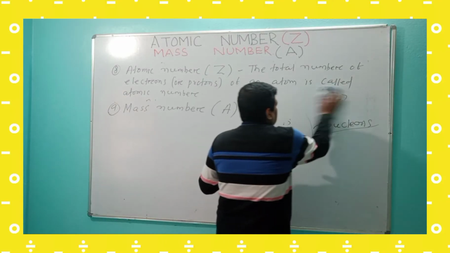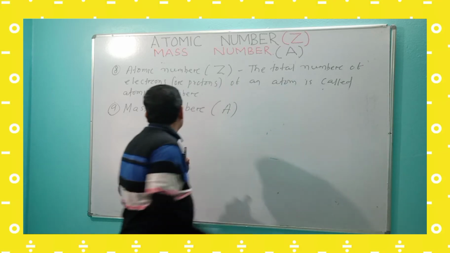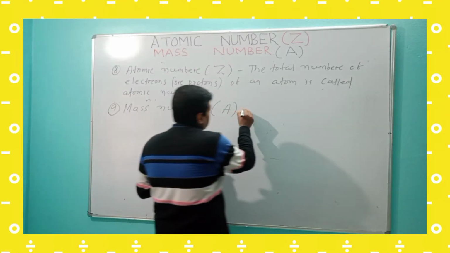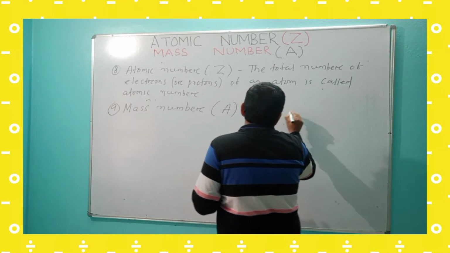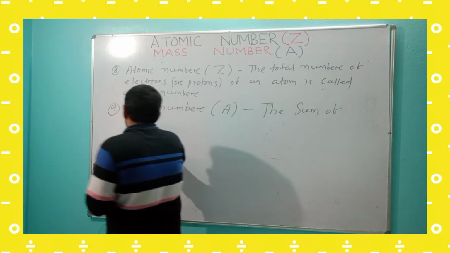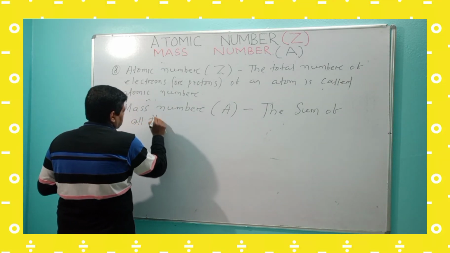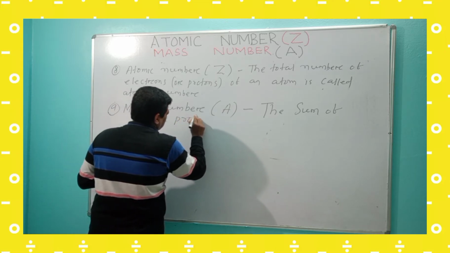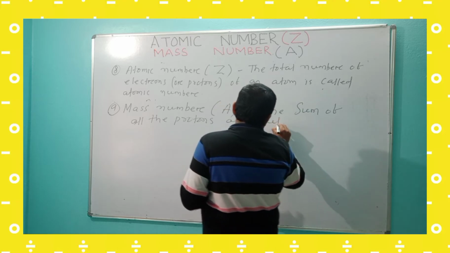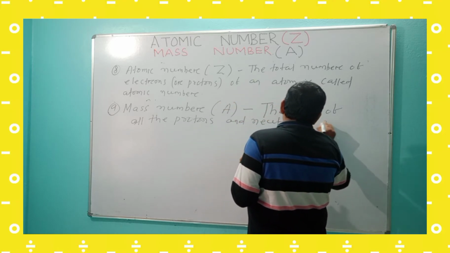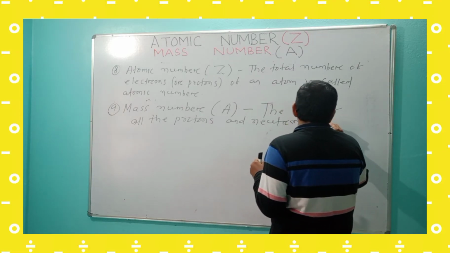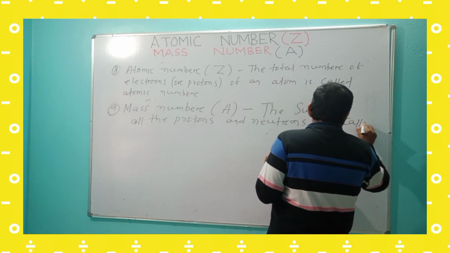Now, the mass number is the sum of all the protons and neutrons. The sum of all the protons and neutrons is called mass number.